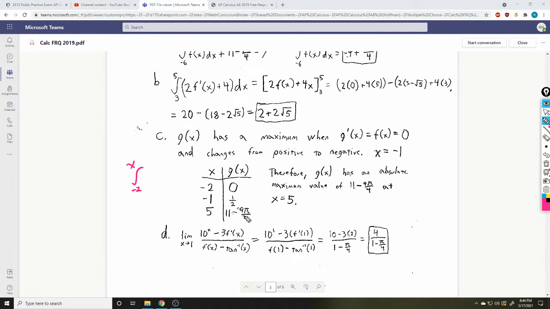So which one is the biggest? Well, it's going to be the endpoint. So this is why it's important to test out your endpoints and compare it to my other candidates for the maximum. Sometimes it's the endpoint. And then part D, we just plug in 1.